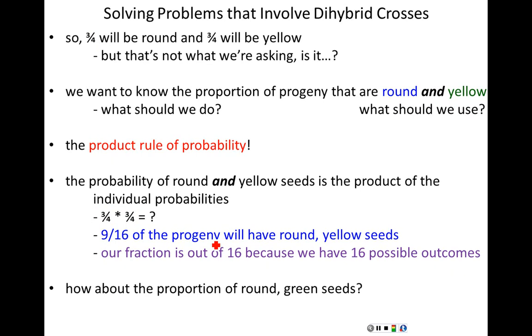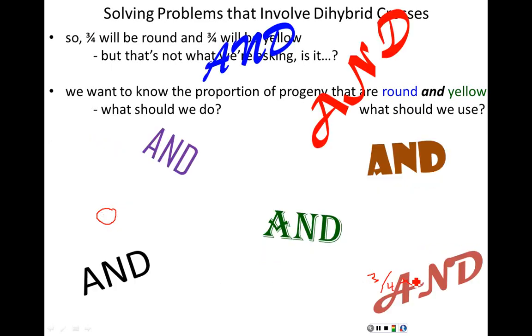We can do the same with any of the phenotypes we want to look at. What's the proportion of round green seeds? Well, think about that for a second. Well, we already know round. Round is 3/4. And what about green? Well, we can go back and see.